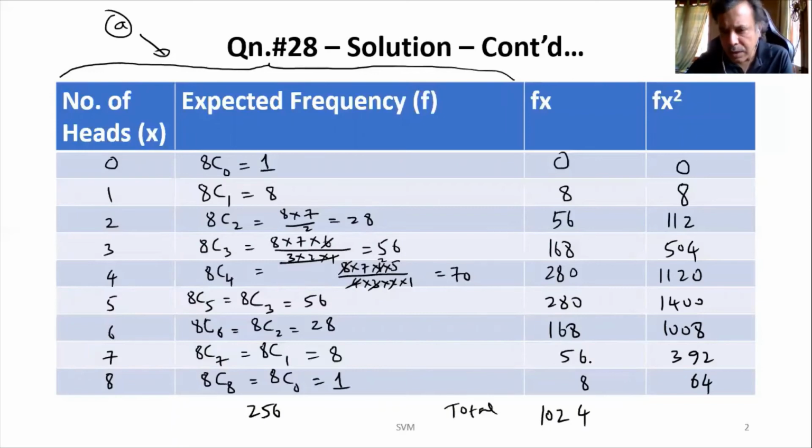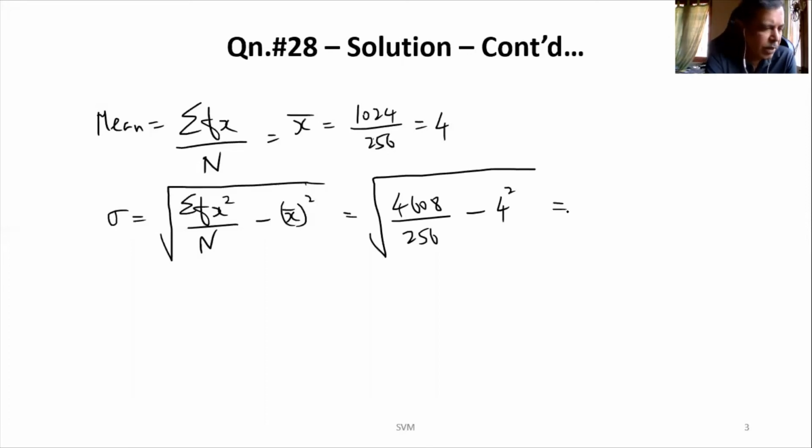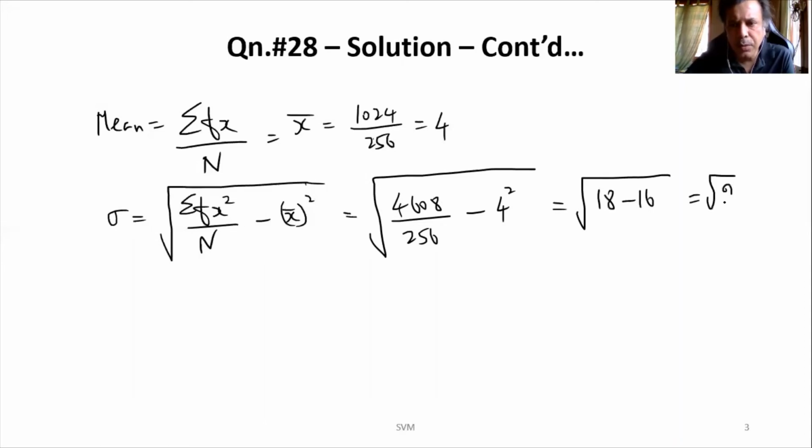So that is working out to 4608. 4608 divided by 256 minus 4 square, and then taking a square root. That is working out to 18 minus 16, so it is root of 2.